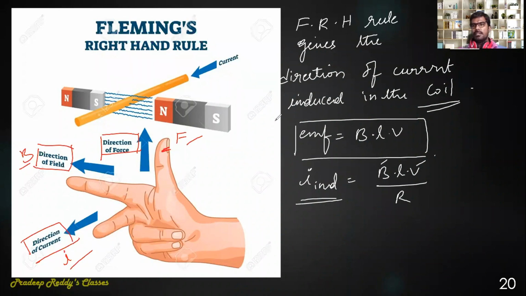You can find the induced current in the circuit using Fleming's right hand rule.